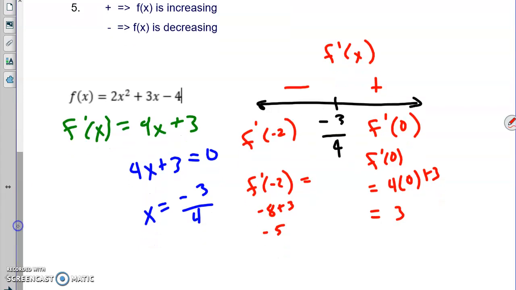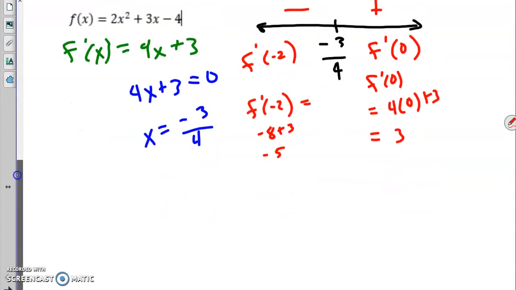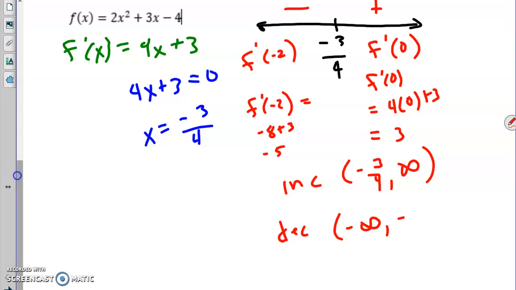This function is increasing from negative 3/4 to infinity, and it's decreasing from negative infinity to negative 3/4. It's not increasing nor decreasing at the critical number. It's actually stopped. The slope is 0. All right, so that is finding intervals increasing and decreasing. Let's move on to another concept that we can use.